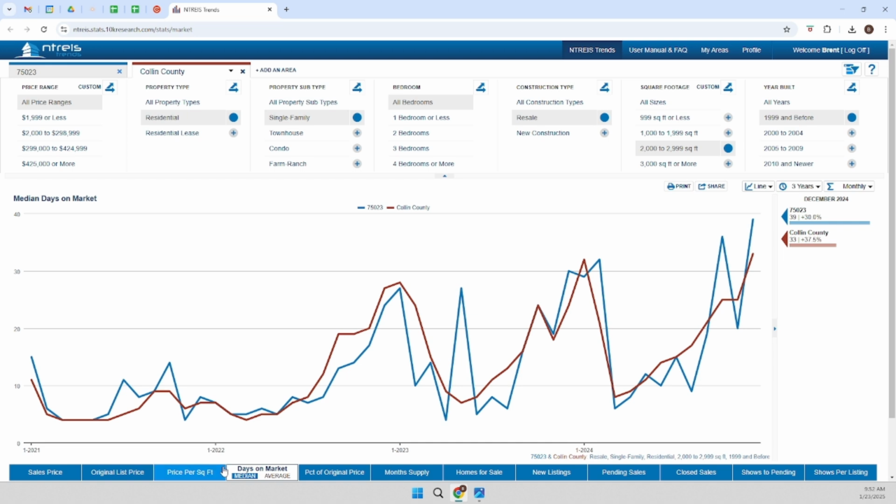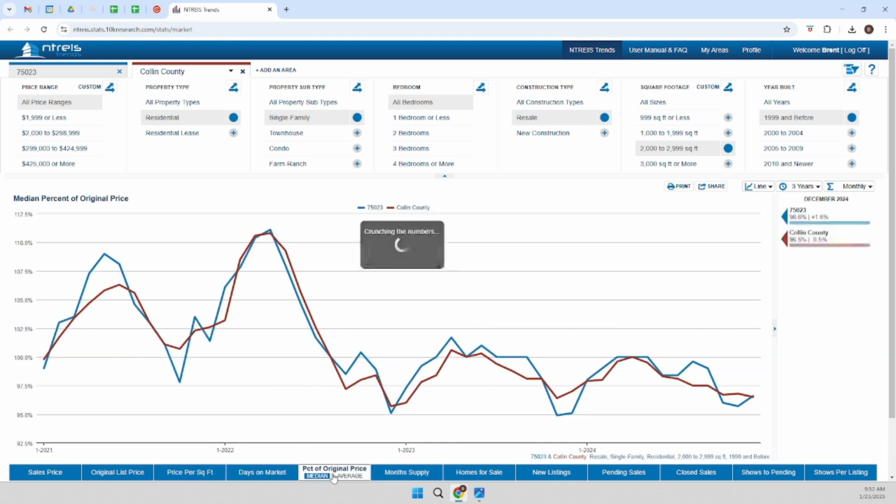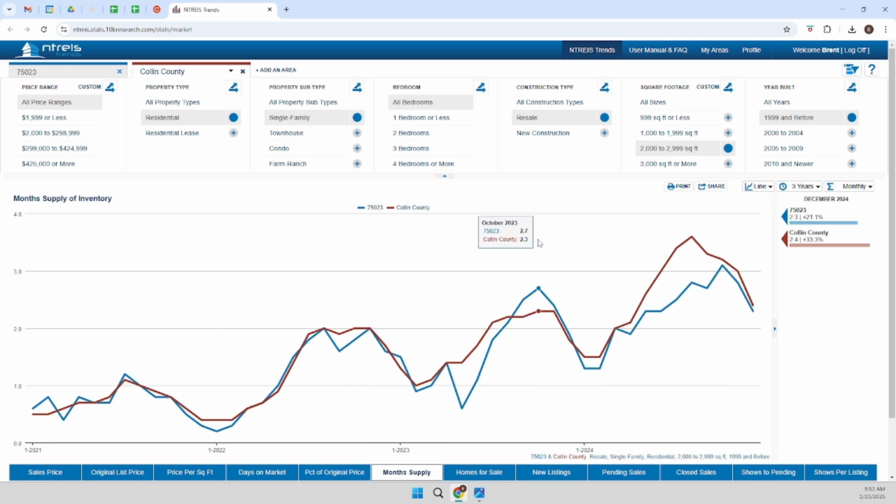You can see that the marketing times are also tracking, and the list sale ratios are also tracking. These are all indicators of supply and demand. Month supply is one of my favorites because it's mixing both supply and demand together, and it's a really good snapshot. And you can see those are really tracking together.